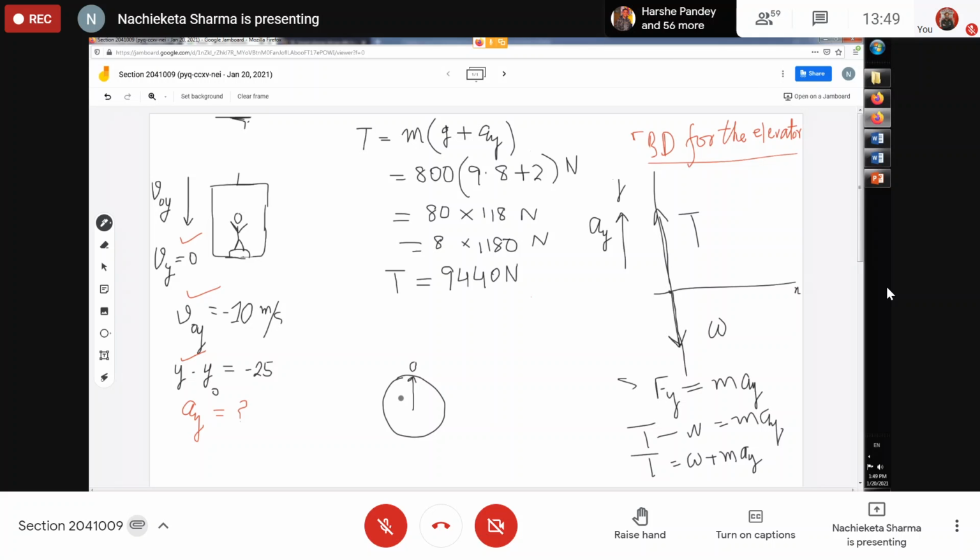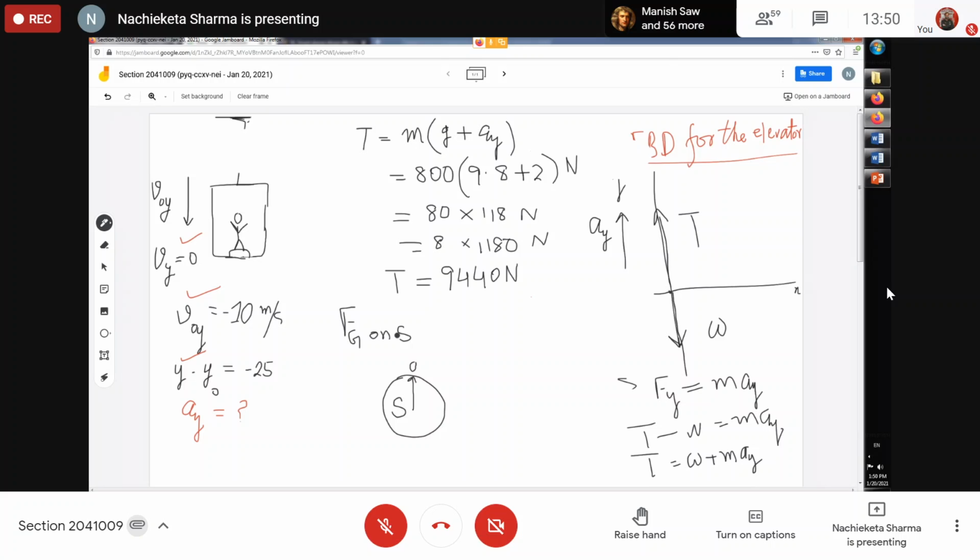So I will call this weighing machine or bathroom scale S and the gymnast G. So when the gymnast is standing on the weighing machine, the gymnast is actually applying a force on the scale, and I can write it as force of the gymnast on scale. Scale means that bathroom or weighing machine. Force of gymnast on scale.